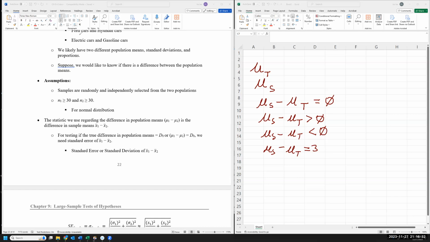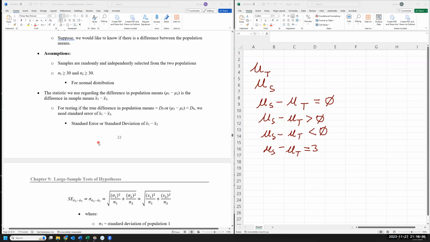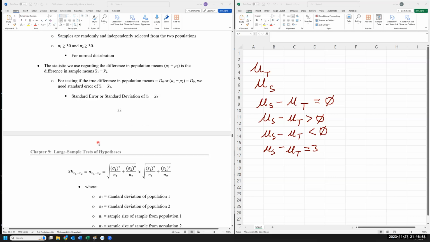Let's keep going. Again, when we're doing hypothesis testing, we need to calculate the t-statistic. I mean, not the t-statistic, I'm sorry, that's in chapter 10. The z-score, the z-statistic. And this involves calculation of the standard error. And the standard error, or the standard deviation of the differences in the sample averages, is equal to the following.